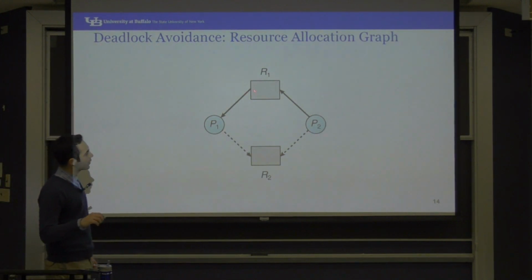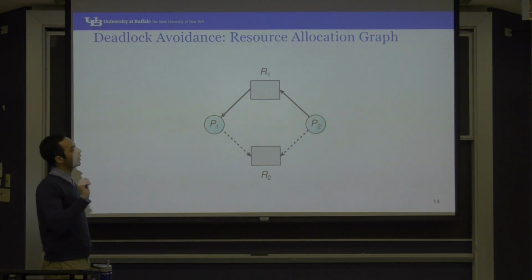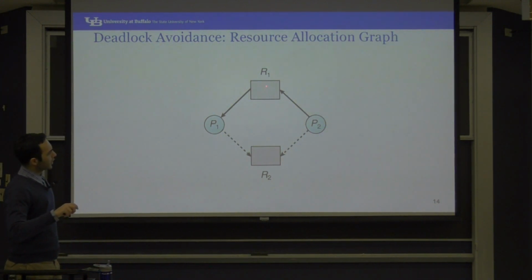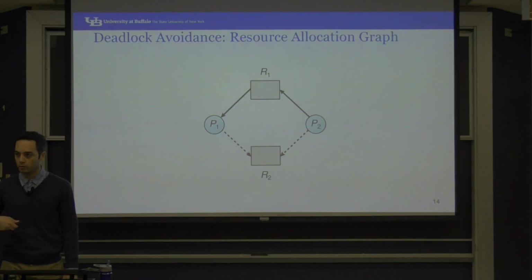So we have an example here. We have resource 1, resource 2. This, by the way, only works for single-instance resource types, right? So we have R1, P2 has requested it and is waiting on it, and it has declared that it may require R2. That's why it's a dashed line. Also P1 has been granted R1, that's an assignment edge, and again P1 has declared that it may require R2.